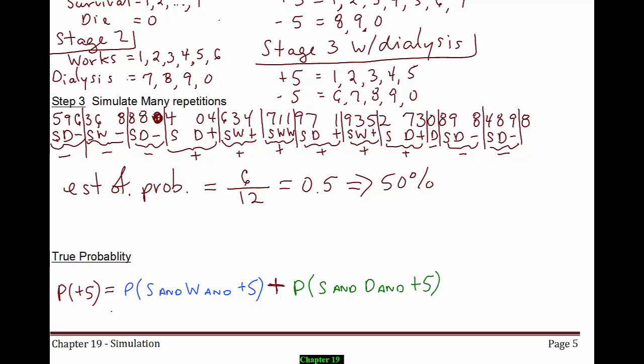And we've already calculated these 2 probabilities, this blue one and this green one, and that's 0.378 plus 0.18, which is 0.558. Again, even though we only did a few simulations, our estimate of 50% came pretty close to the true probability of 55.8%, or the true chances of 55.8%.